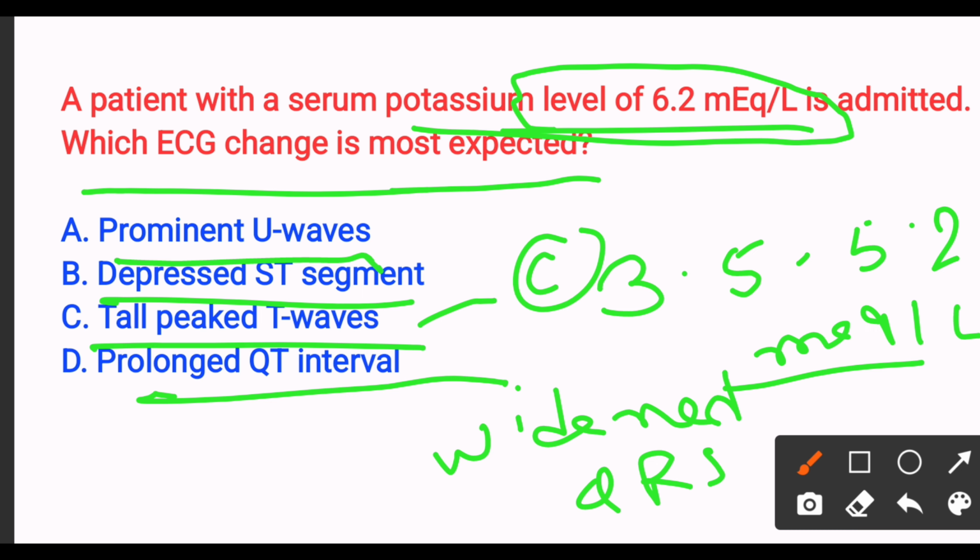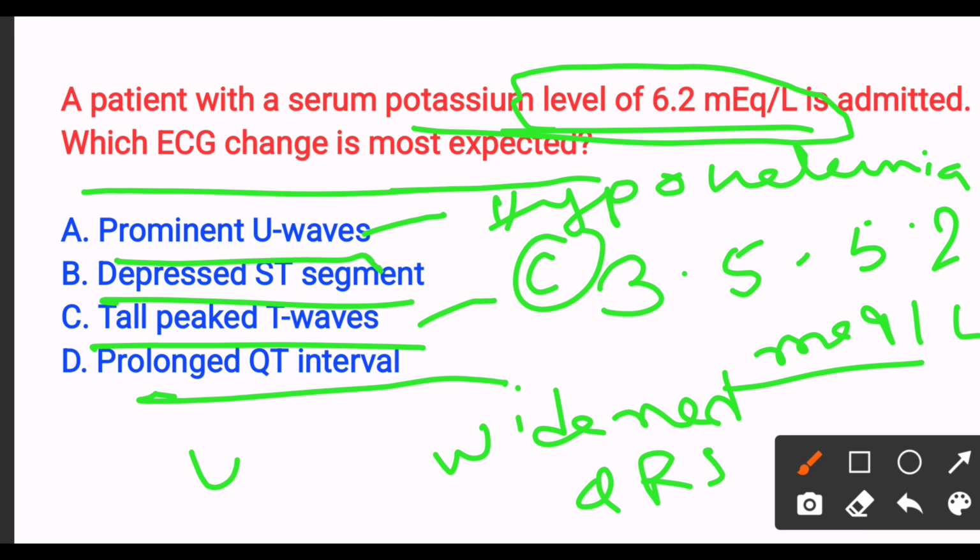U waves are the classical sign of hypokalemia. A peaked T wave is seen in hyperkalemia.